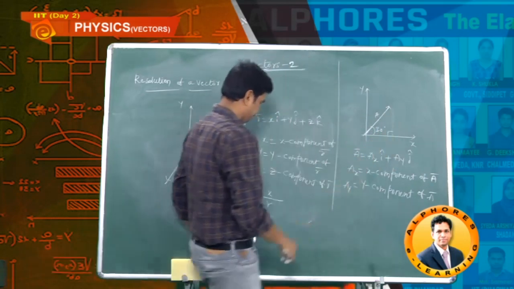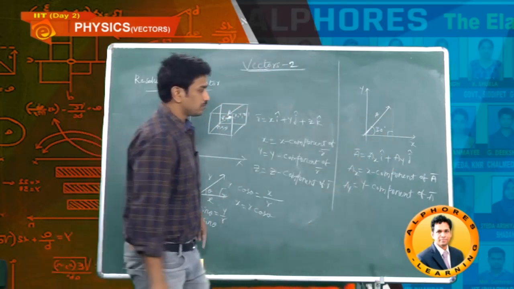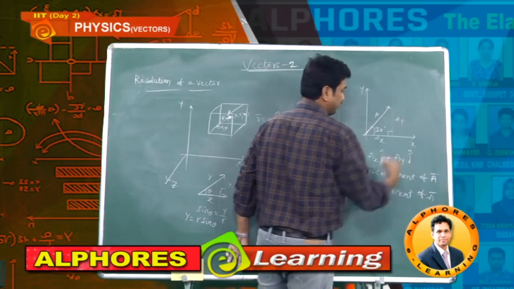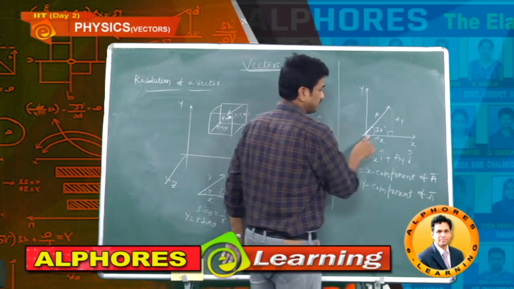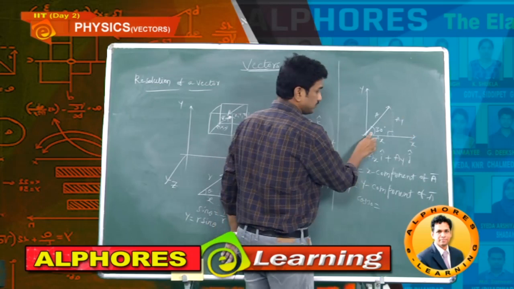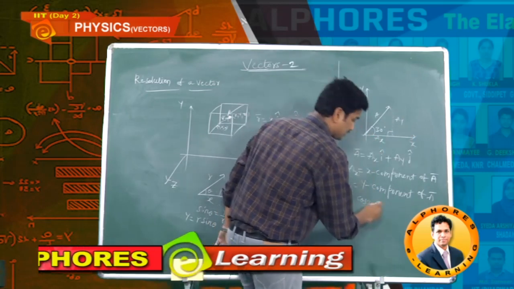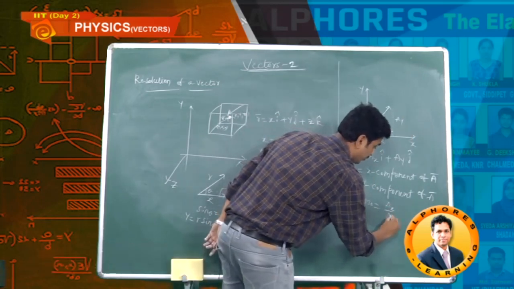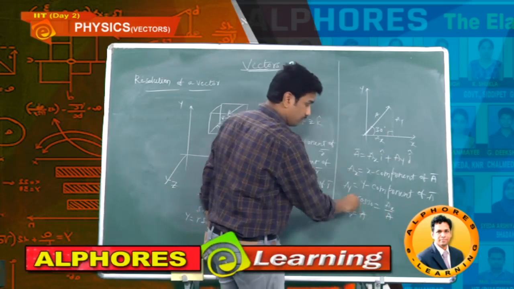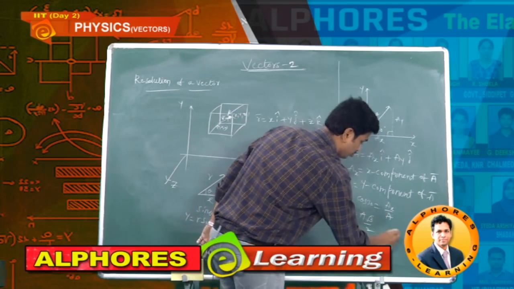Same thing. See, x component Ax, y component Ay. Now what is Ax? Cos 30 is equal to adjacent side Ax by hypotenuse A. Now Ax is equal to A into cos 30, and the cos 30 value is root 3 by 2.